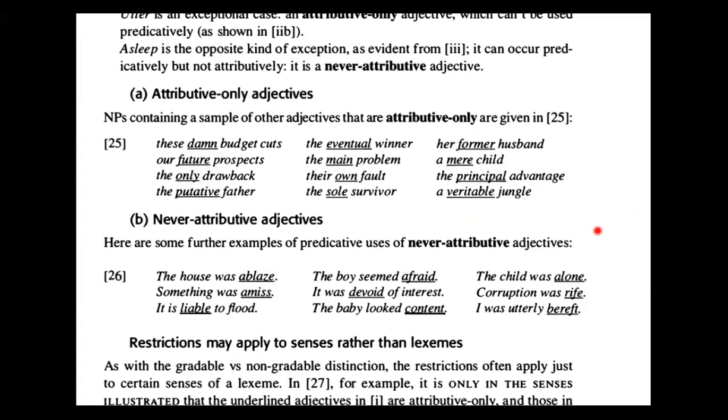All of these adjectives usually precede the noun. يعني غالبا بيجوا قبل الاسم. That's why we call them attributive.